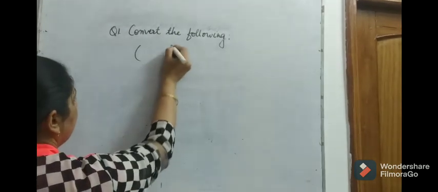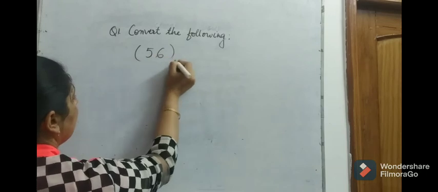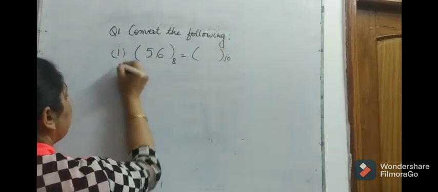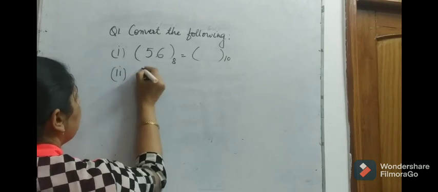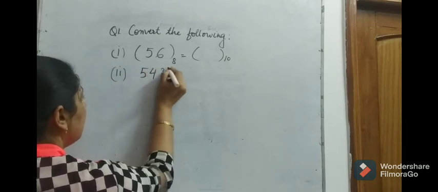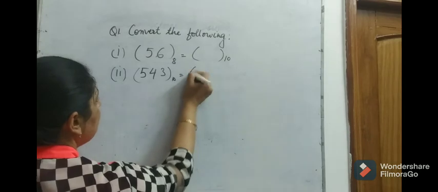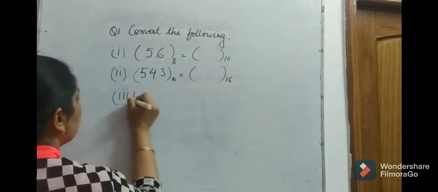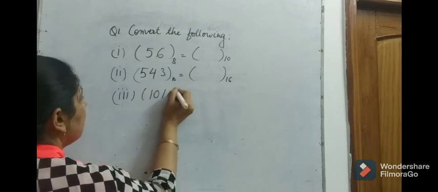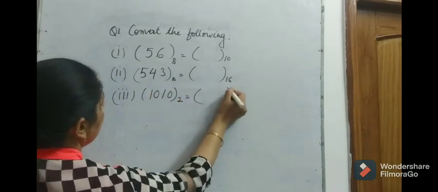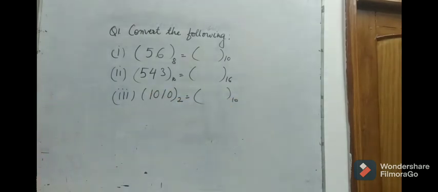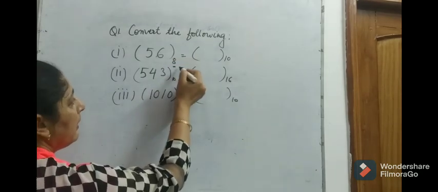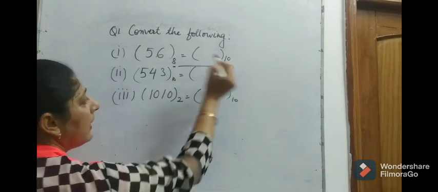For example, if the question is 56 base 8 equals to base 10, or it can be 543 base 10 equals to this, or it can be 1010 base 2 equals to base 10. So from here we have to make out that an octal number is to be converted into decimal.